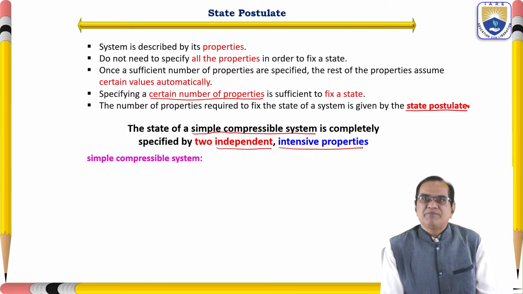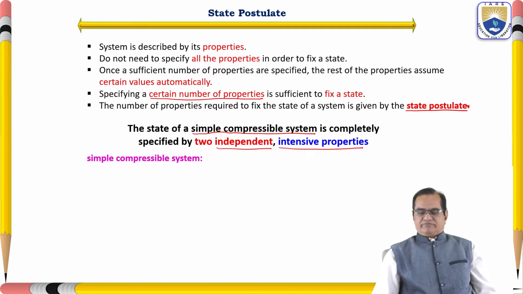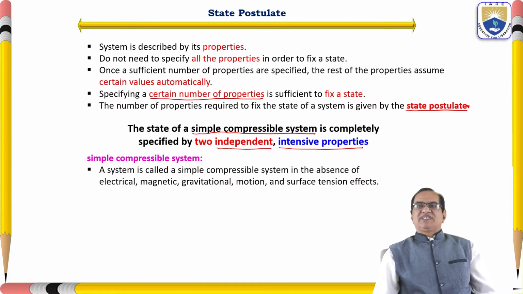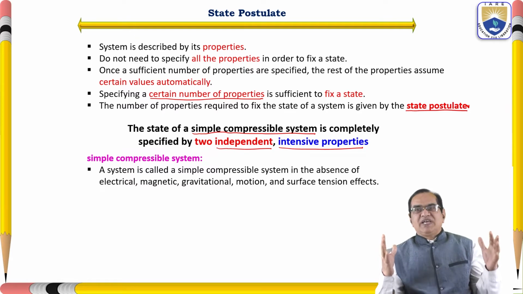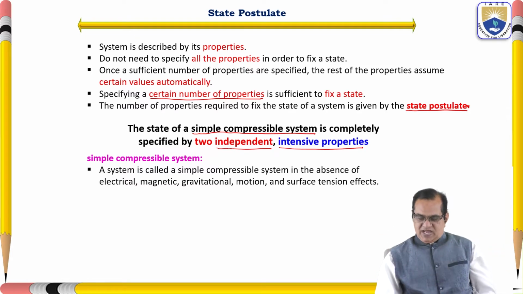What is a simple compressible system? A system is called a simple compressible system in the absence of electrical, magnetic, gravitational, motion and surface tension effects. If a system does not possess these effects, then we can say it is a simple compressible system.